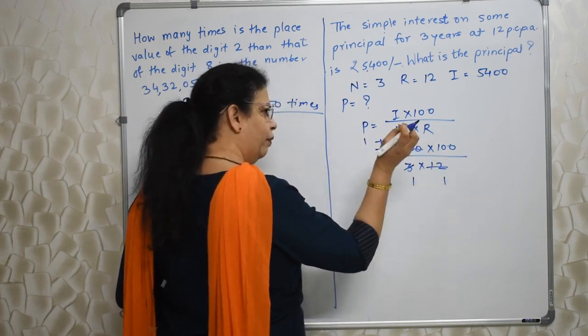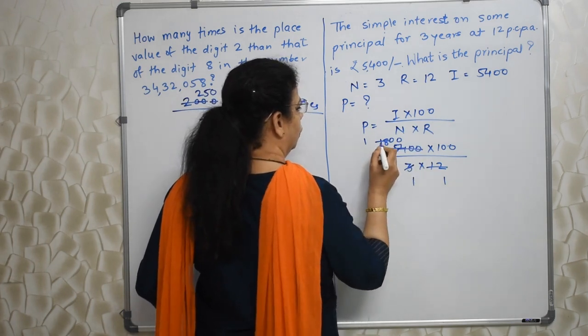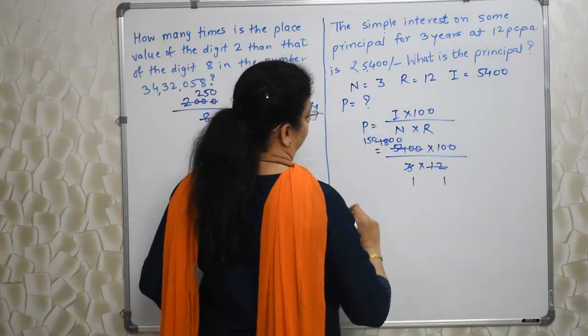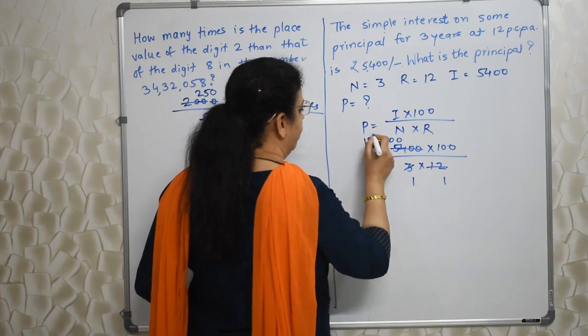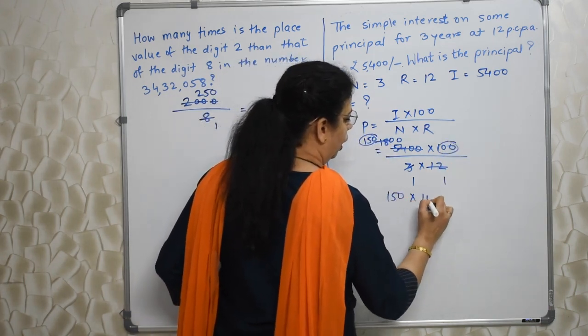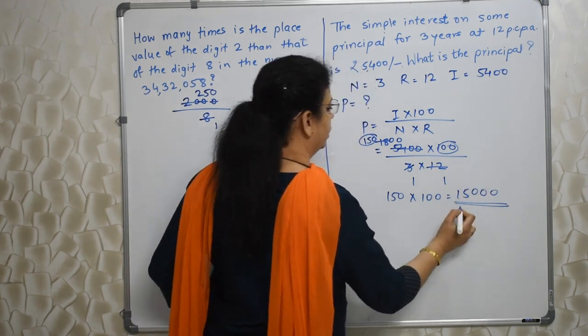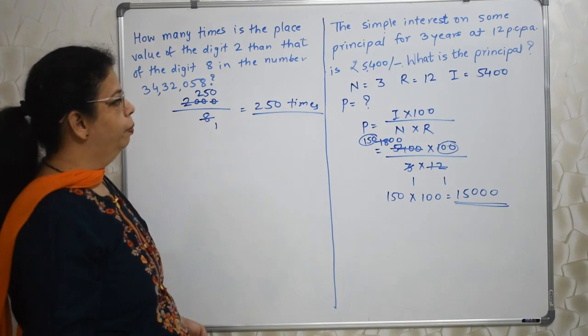I am doing it right away with 12 so that my steps are reduced. 5s are okay 150. So what is remaining? 150 into 100. That is 15,000 is the answer. 15,000 should be your principal.